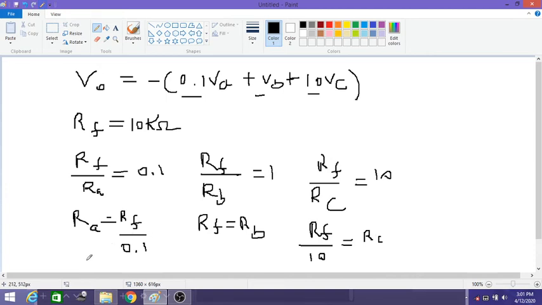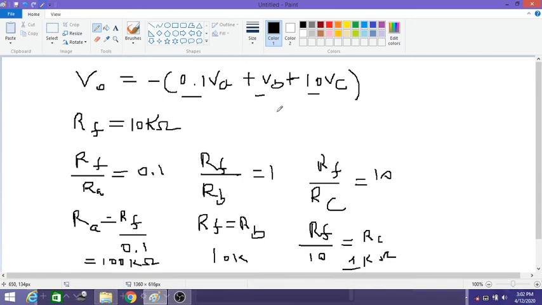So for this case RA value we will get as 100 kilo ohms, RB is the same as 10 kilo ohms, and RC we will get as 1 kilo ohm.